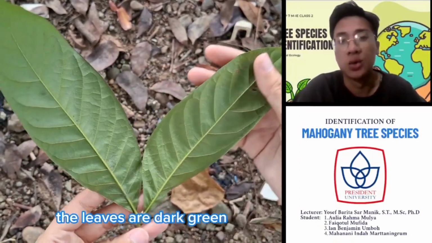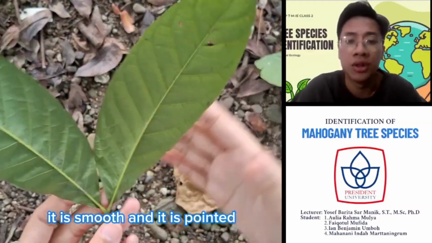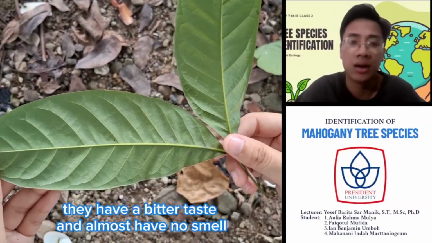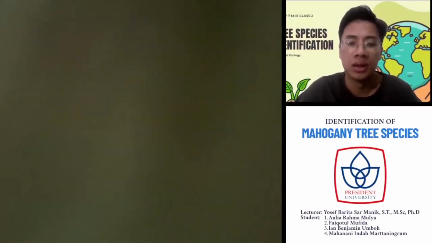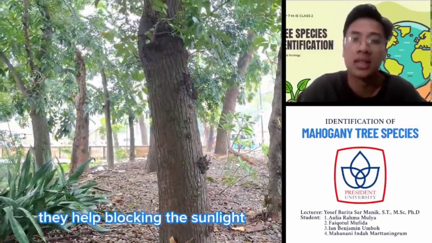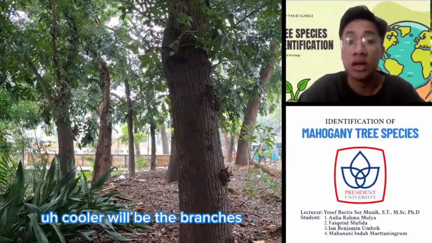The leaves are dark green, smooth, and pointed. They have a bitter taste and almost no smell. Because the leaves grow close together, they help block the sunlight and keep the area underneath the tree cooler.